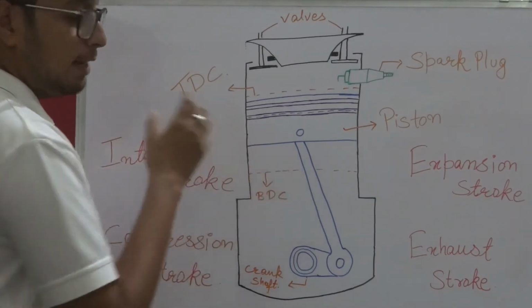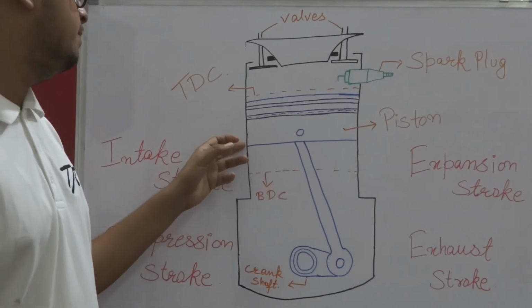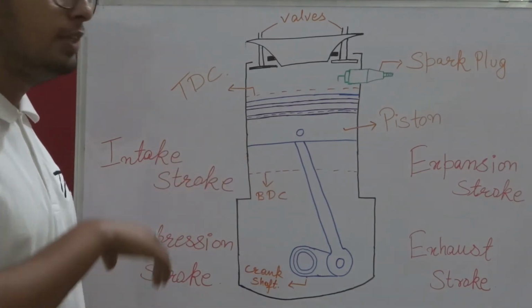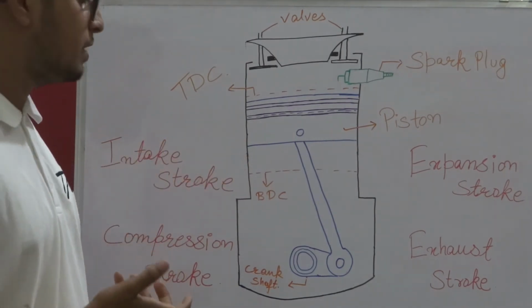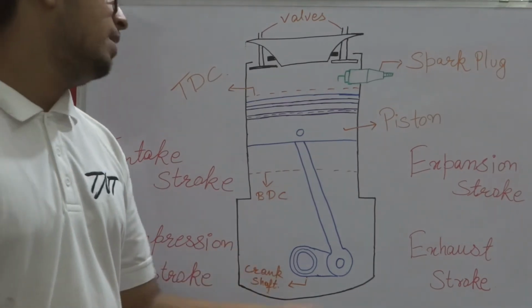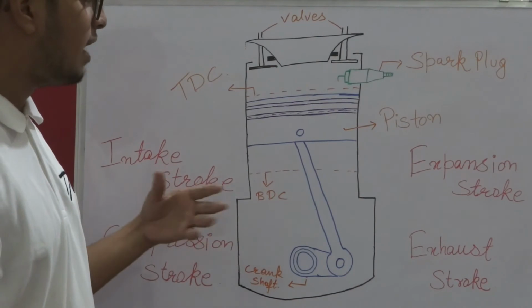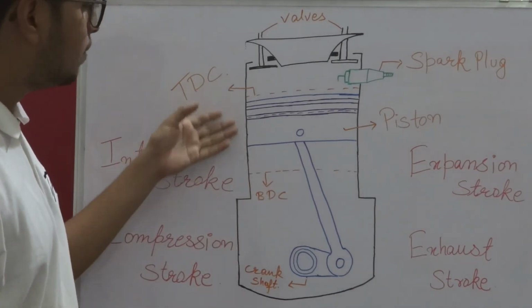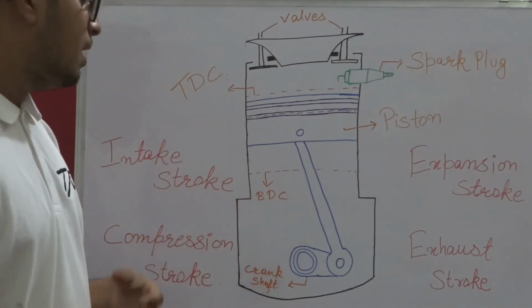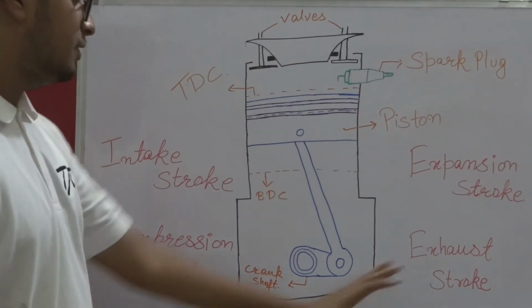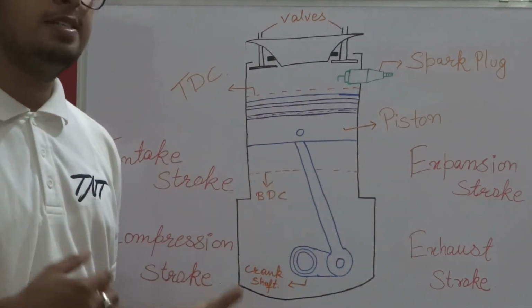It takes place until the piston reaches TDC, and the great amount of force that was given when the expansion stroke took place is again noted by the flywheel, and it tries again to move the piston from TDC to BDC, and further these four strokes again take place.